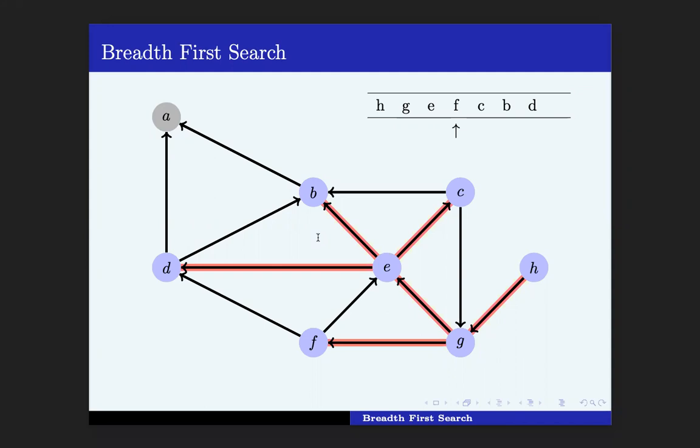That could change depending on the order of the children that we write down. In this case, if we were to go to F from G before we went to E, then D would have been a child of F and not E. So that ordering could possibly change, but level 2 will still comprise A, B, and C.